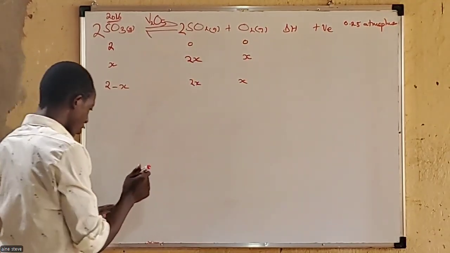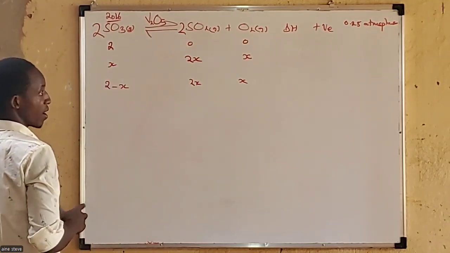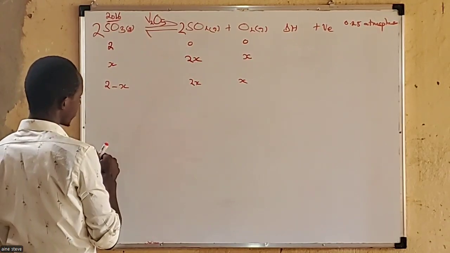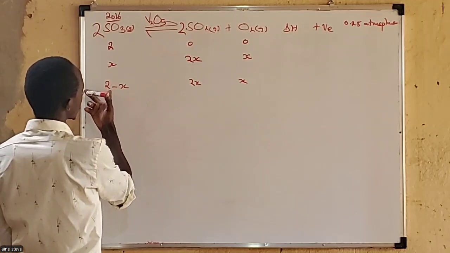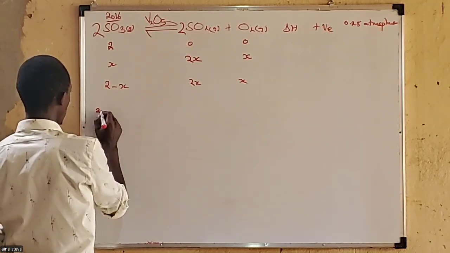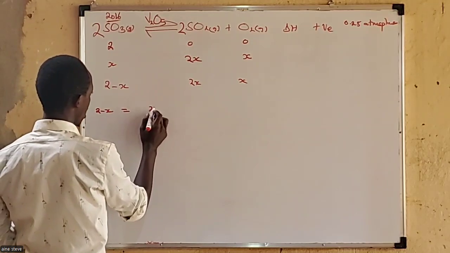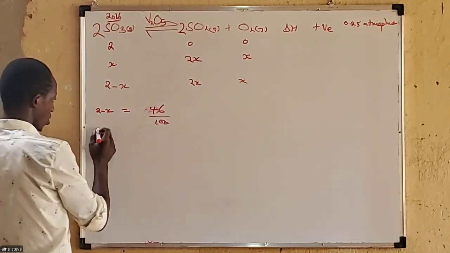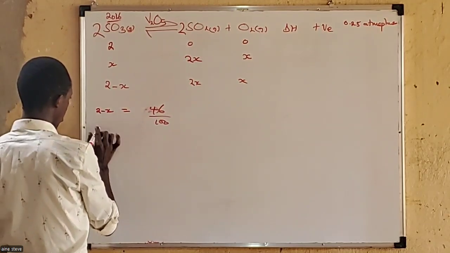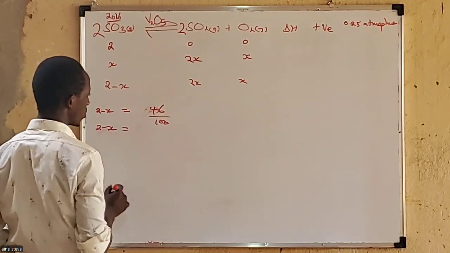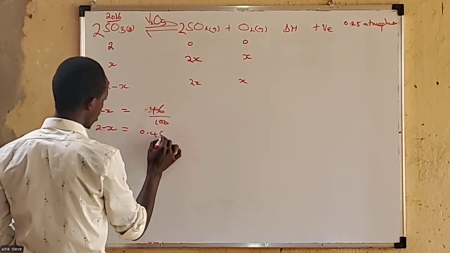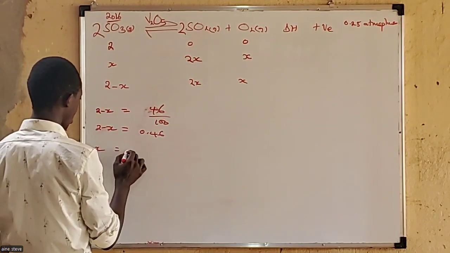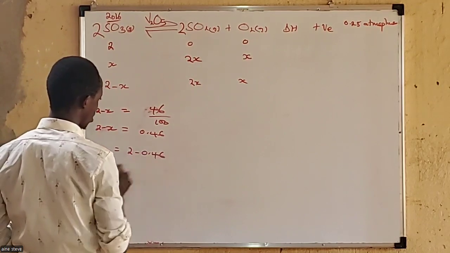So they said moles that decomposed at equilibrium, meaning we shall say, since at equilibrium, these are the number of moles that are remaining. So we shall have 2 minus X is equal to 46 out of 100. So this is 2 minus X is equal to 0.46. Okay? So X is the same as 2 minus 0.46.